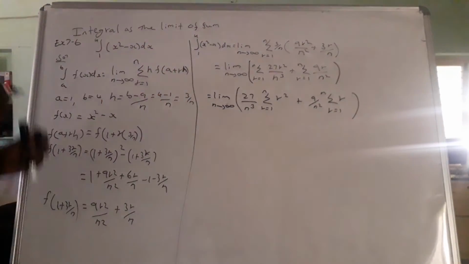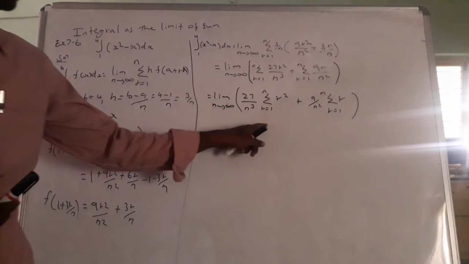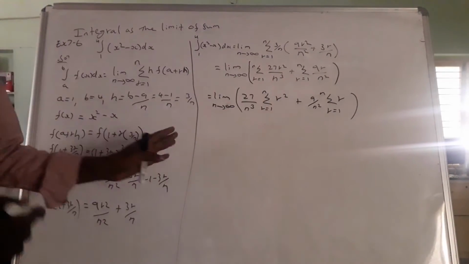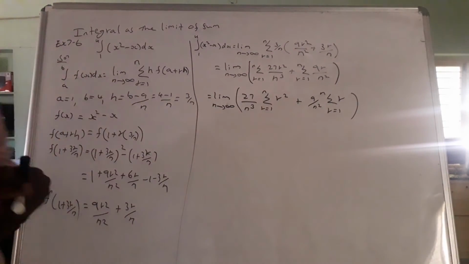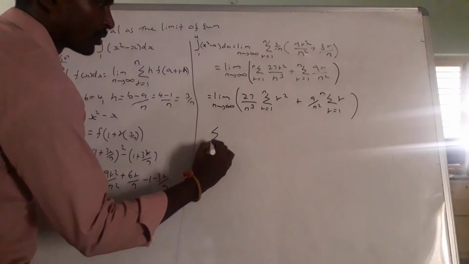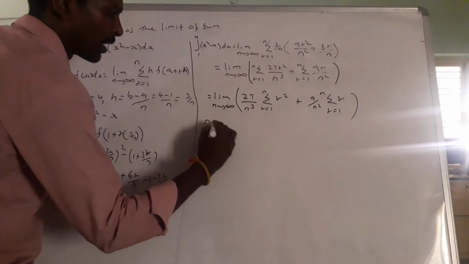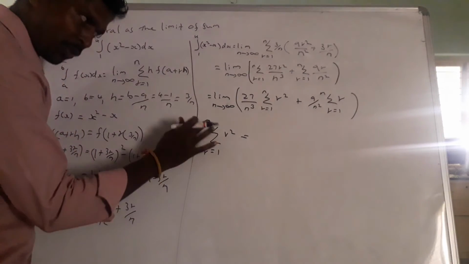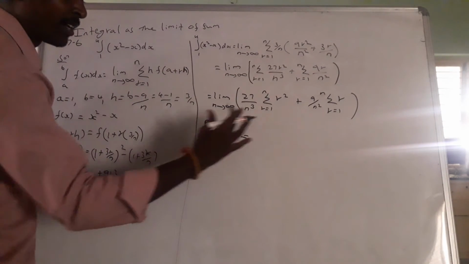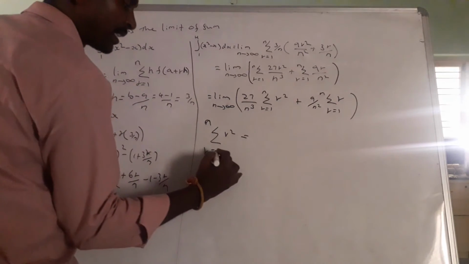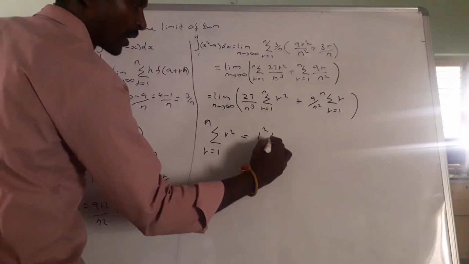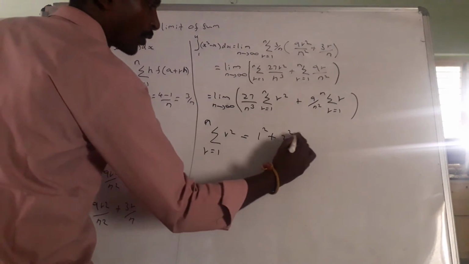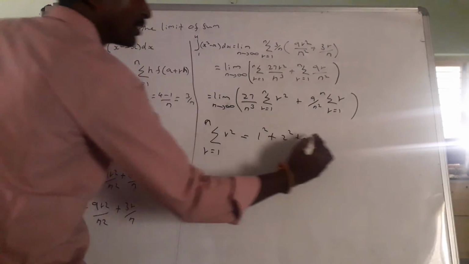Now what is the value of summation over r equal to 1 to n of r square? Let me expand the term. Just listen. Summation over r equal to 1 to n r square means we substitute r from 1 to n. What is the meaning of summation? You sum all the terms. So substituting r equal to 1, then 1 square, r equal to 2, 2 square, and so on up to n square.